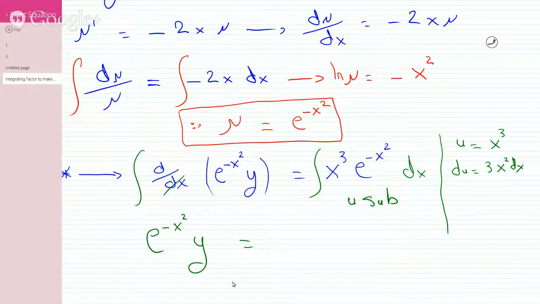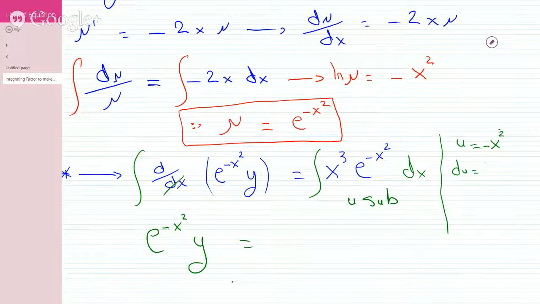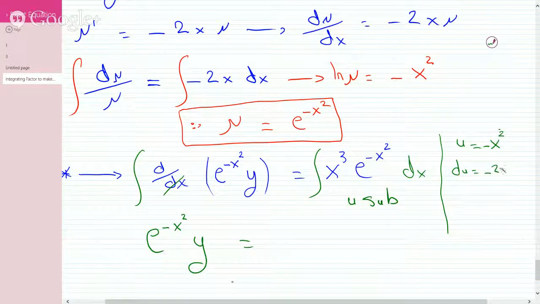Or actually, sorry, I meant to say e to the minus x squared to be u, which makes du to be minus 2x dx.